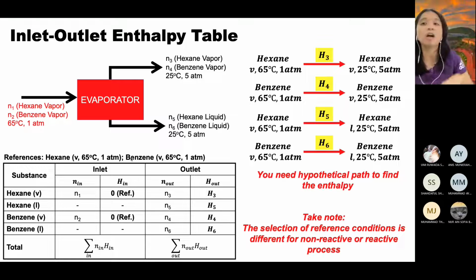The reference condition, I will teach you later how to choose or how to know. Okay? Ada kriteria untuk pemilihan reference condition. Second, reference condition tak semestinya kena sama untuk setiap compound. Dia boleh jadi sama, dia boleh juga jadi tak sama.